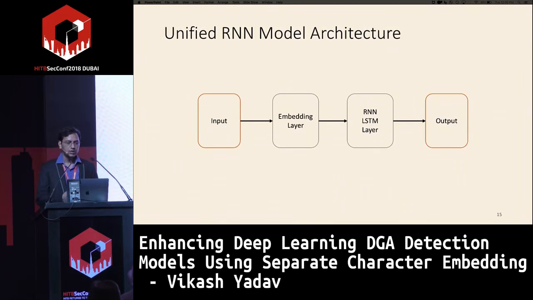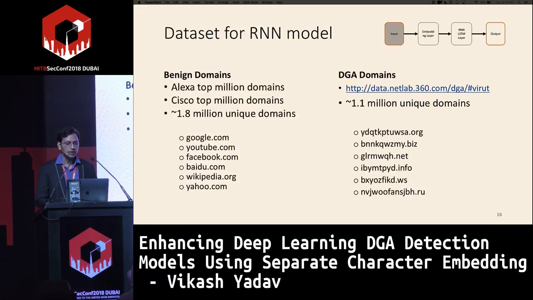A machine learning model such as an RNN requires a huge amount of data to train. You need lots of input to be able to learn the correct parameters, to learn the correct features, to differentiate between the two categories, good domain versus DGA domain. So for that, we are using the Alexa and Cisco top million most popular domains. These are the domains that normal users frequently go to, such as Google, YouTube, Facebook.com.